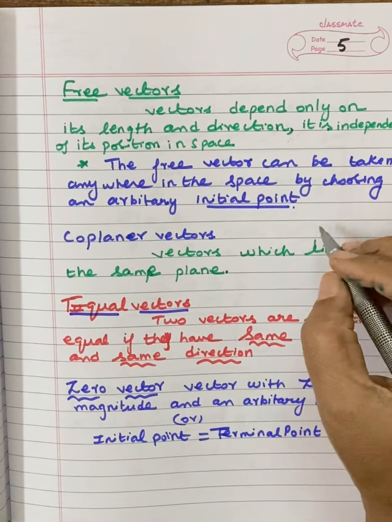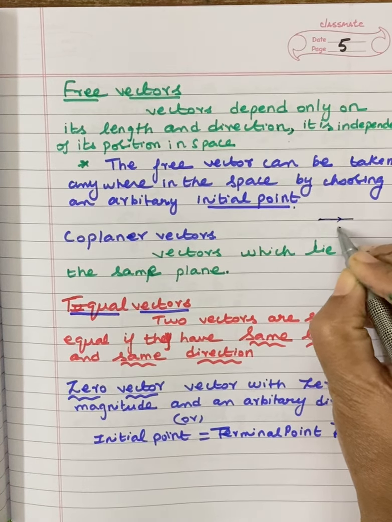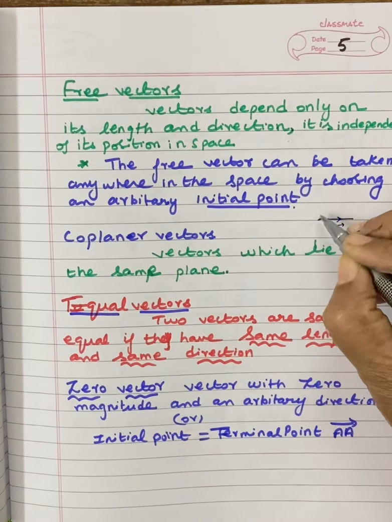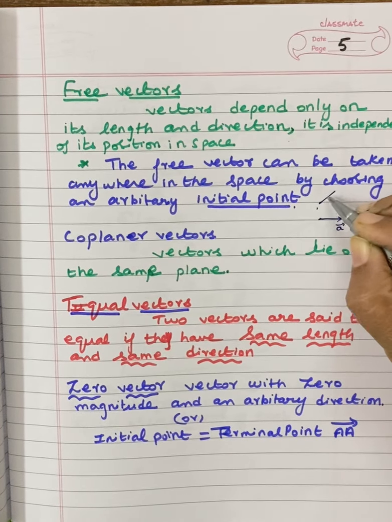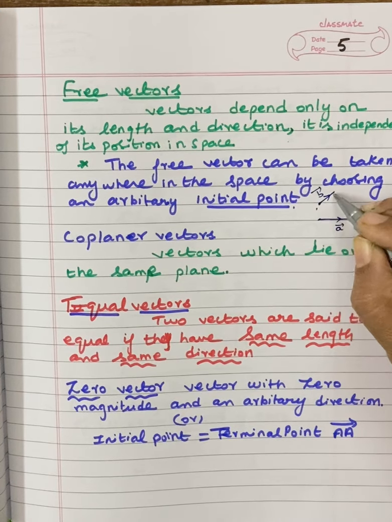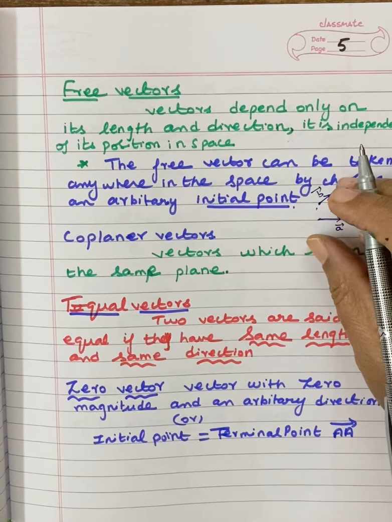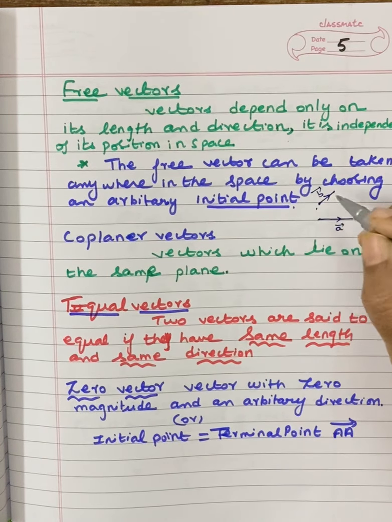Suppose, for example, this is the A vector and this is the B vector, with this much length. I am going to shift this B vector wherever I like, here.